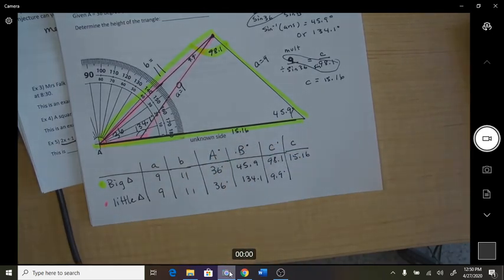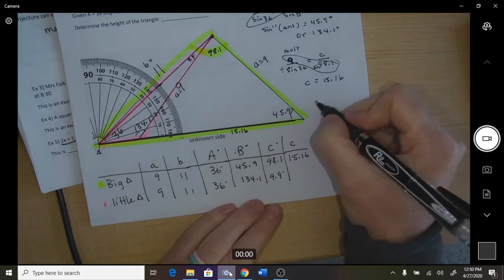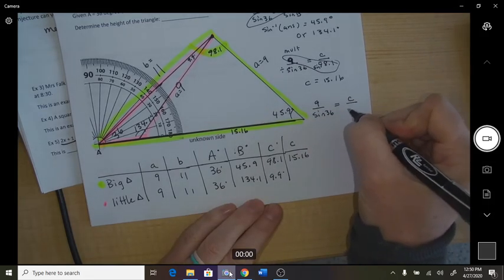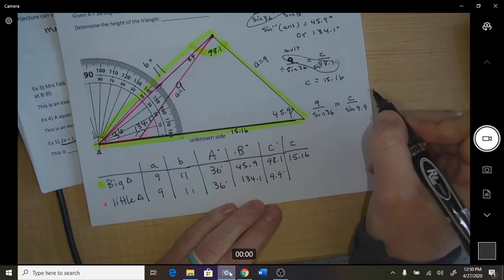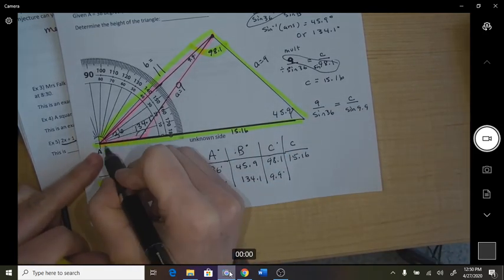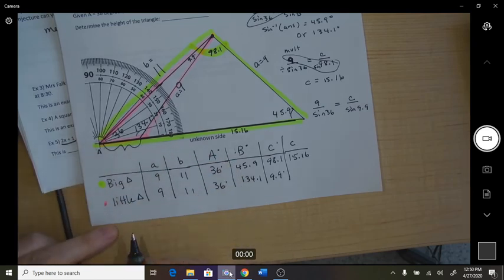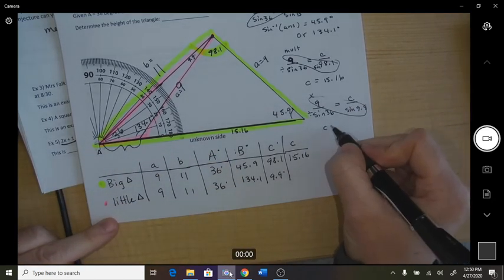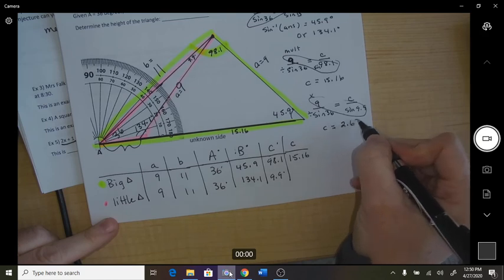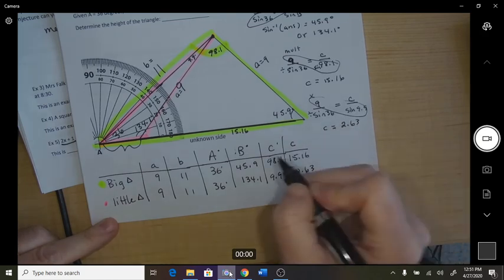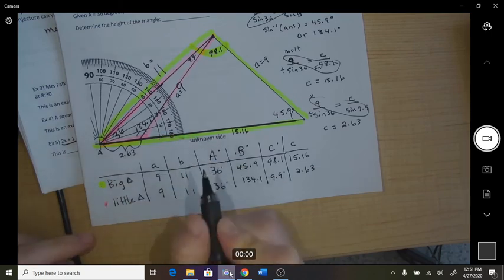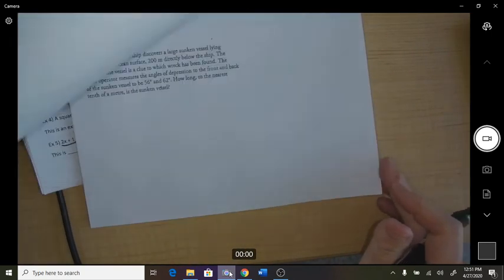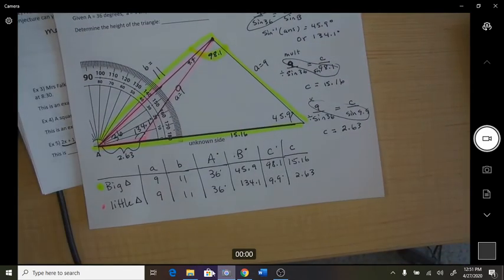So that's that side. And the other option for C, so I'm going to go 9 over sine 36, my given ratio, equals C over sine 9.9. So that's in the pink triangle. So I'm going to times, divide, and I get 2.63. Okay, so those are your two triangles. That is the ambiguous case.